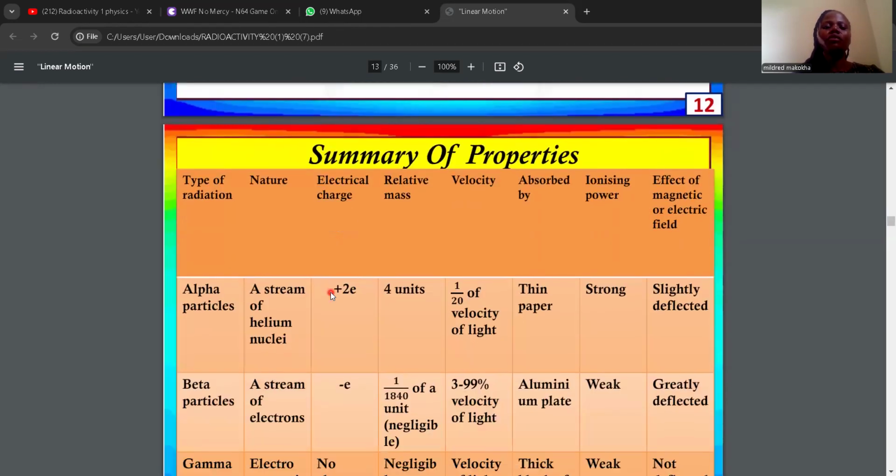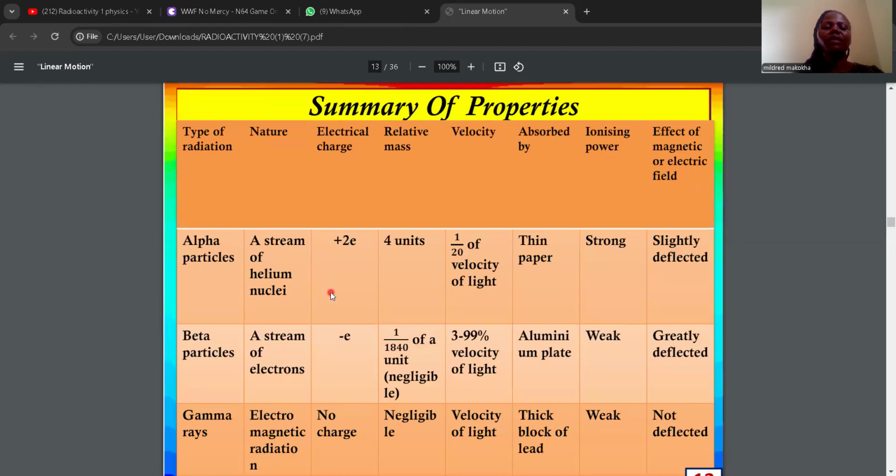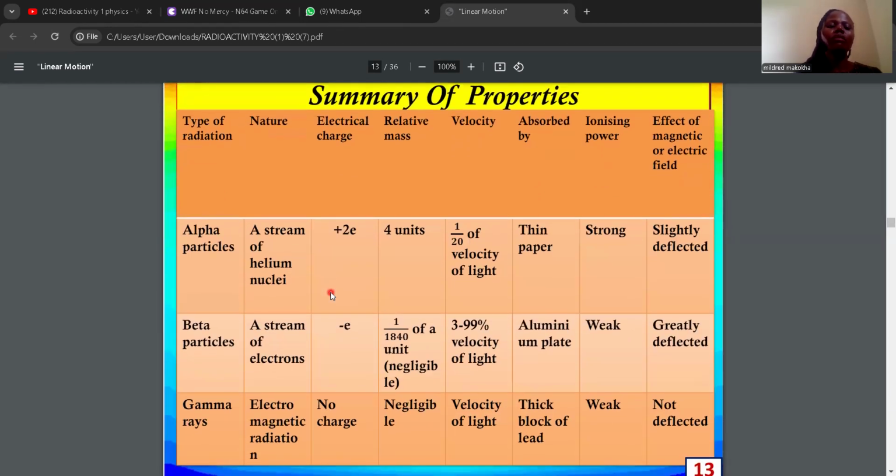Then the summary of properties. The properties that I've talked about can be summarized in a table like the one that I have. The alpha particle is a stream of just helium nuclei. I explained that in the first lesson on radioactivity. It has a positive charge. Its relative mass is 4 units.